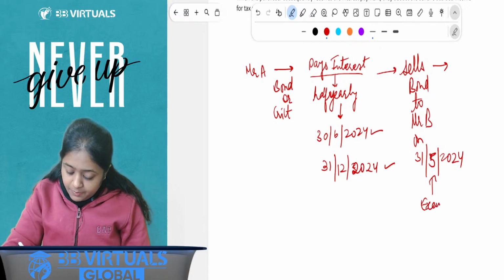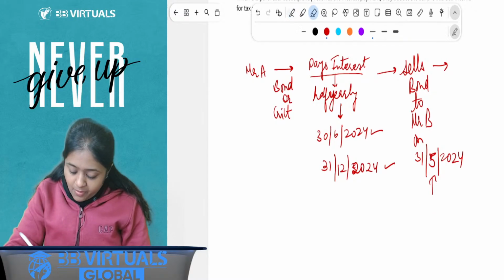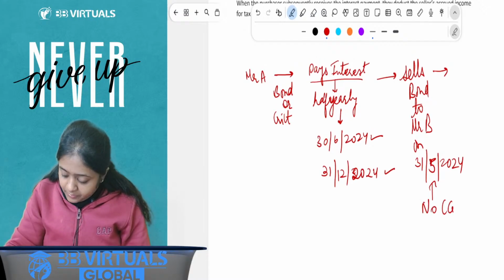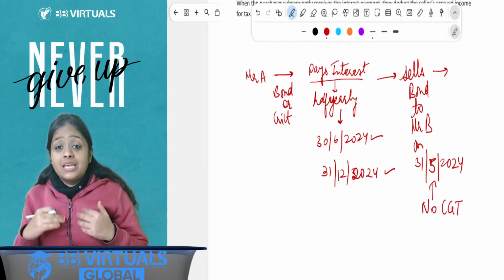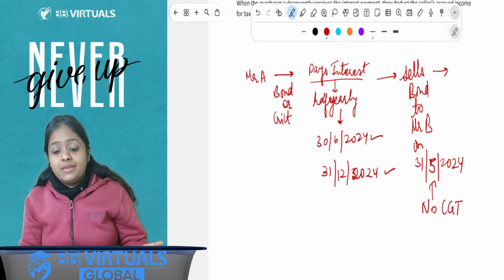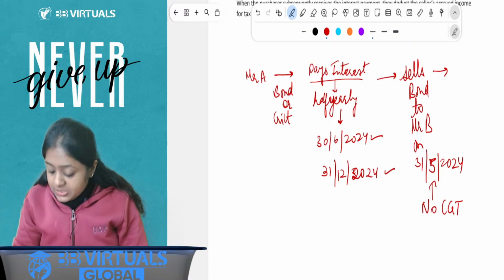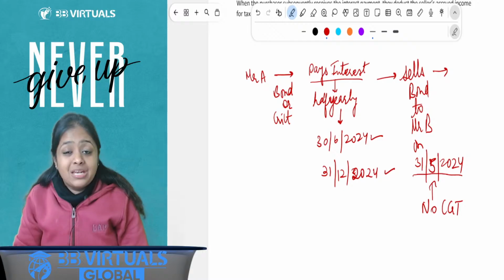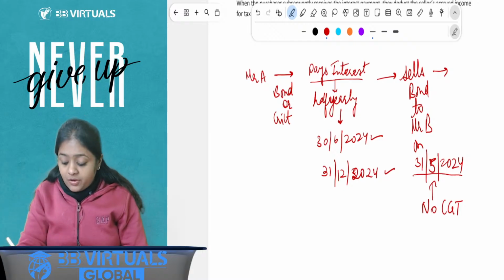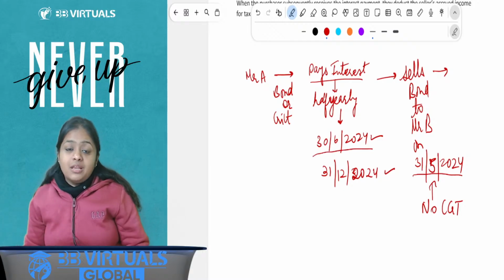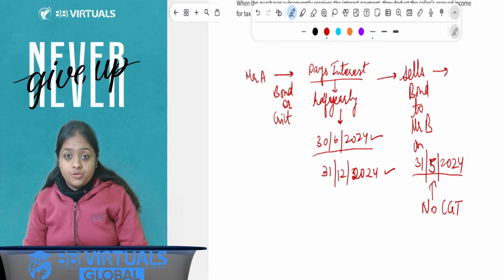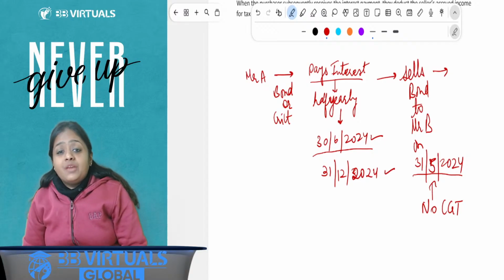That means there will be no CGT. So what Mr. A did, he saved his taxes, no? Because on selling, he will not have any CGT. Plus, he sold this on 31st May 24, just before the interest date of 30th June. So he is not liable to have any interest income also. Correct. So he was winning from both sides.